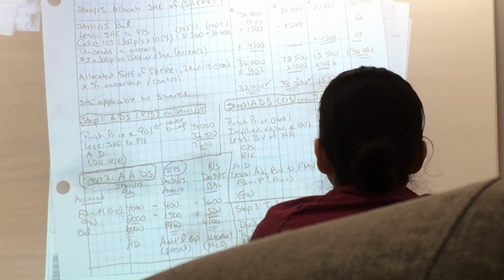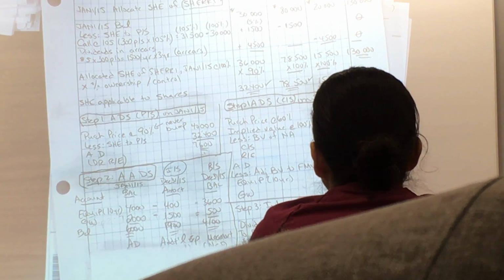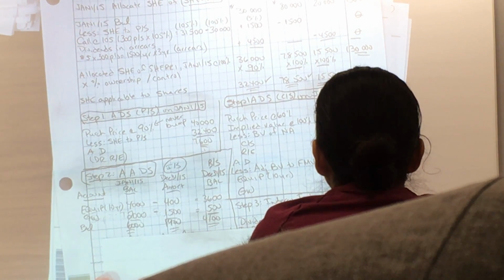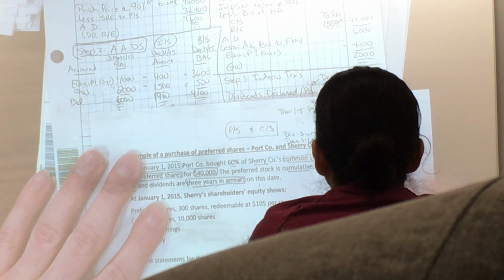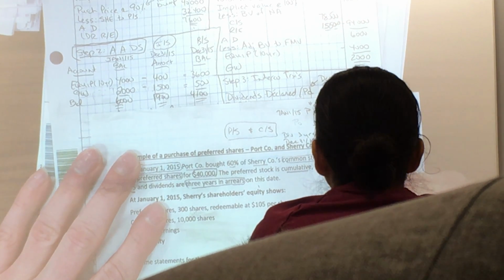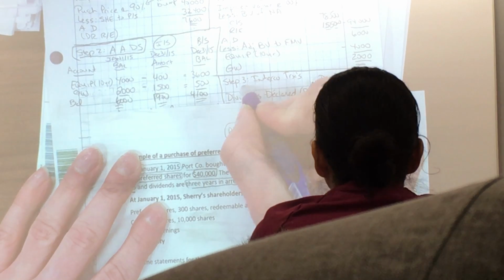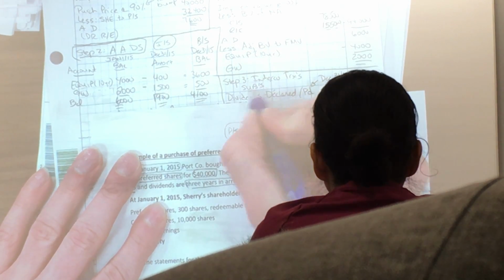Okay, so we have to look at what we did with the dividends. So the dividends, if you recall, they were declared at $15,000. This is the subs dividends.